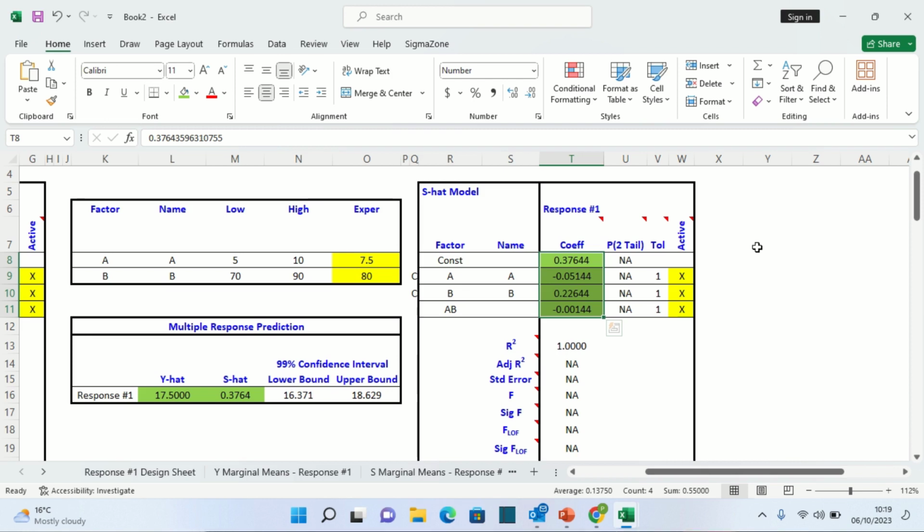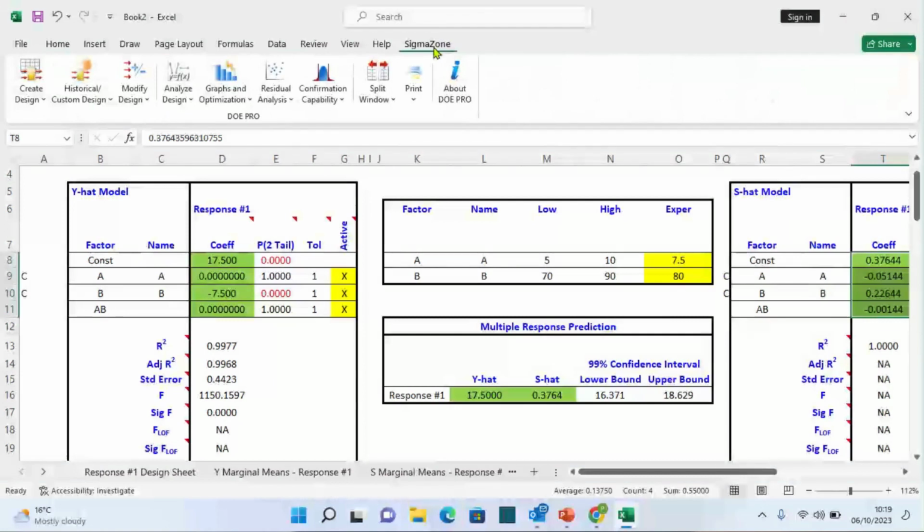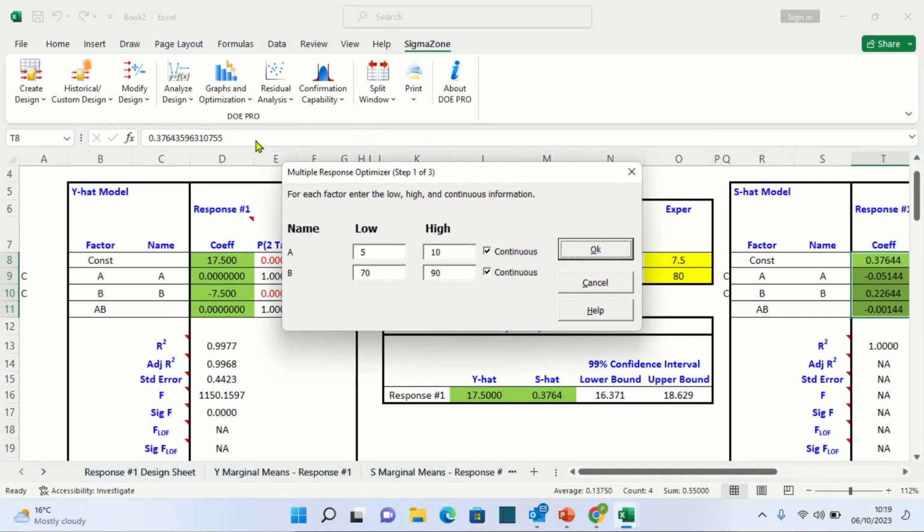Now, as I said, I can ask both of these equations to resolve to a value. I'm going to ask the computer to hit a value now. So I'm going to go Sigma Zone, Graphs and Optimization, Multiple Response Optimizer.